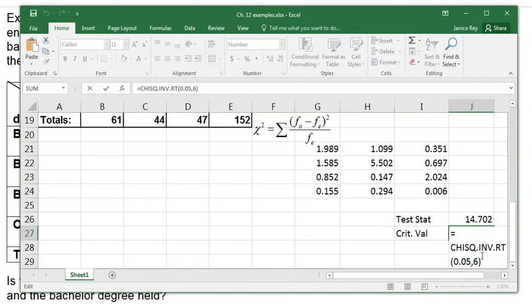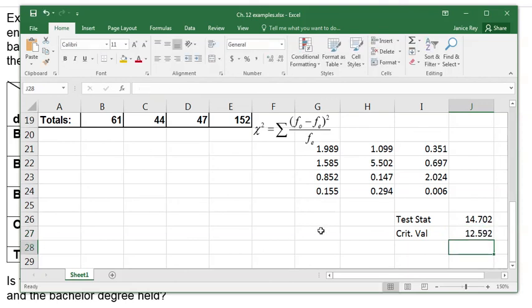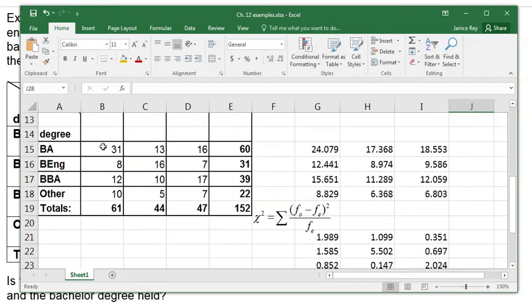But our, as we can see on here, our alpha, 0.05, and where our 6 is coming from, remember that's our degrees of freedom. So we have a table that's 3x4, so remember we subtract 1 from each of those when we calculate our degrees of freedom. So 2x3 gives us 6 degrees of freedom.